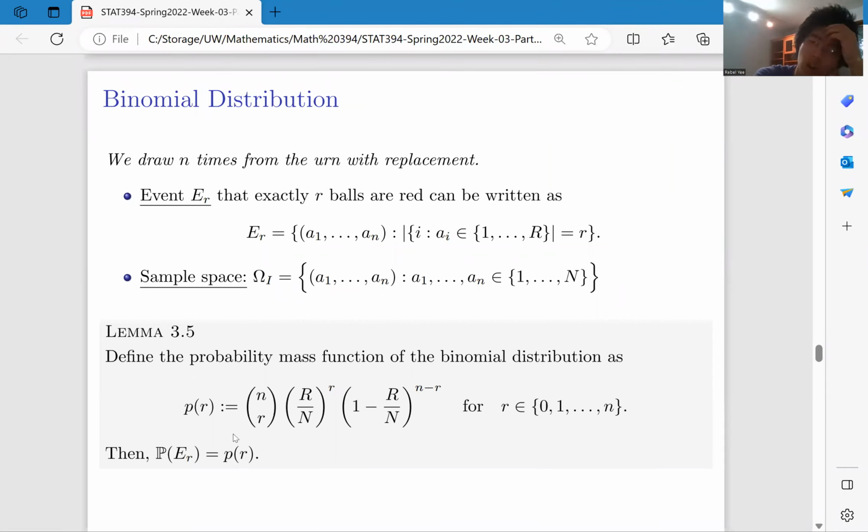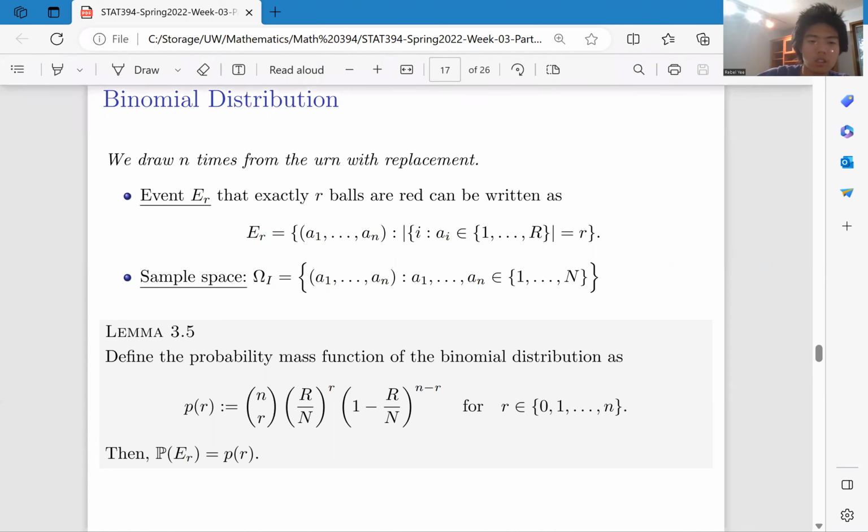We'll define a non-red ball here as a white ball, to be consistent with the previous example. So the sample space here is (A1, A2, A3 to AN), and all of those Ai belong to the set 1, 2, 3, 4 to the capital N. It's very easy to understand if you follow the lecture here.